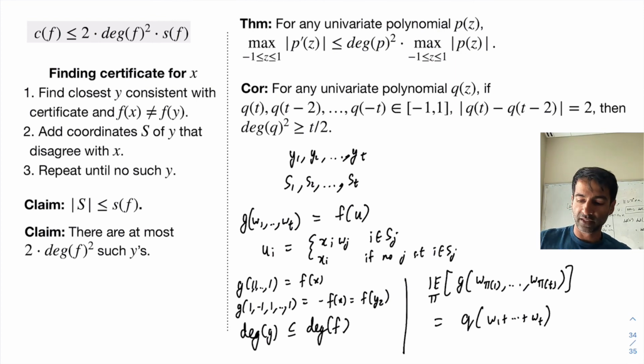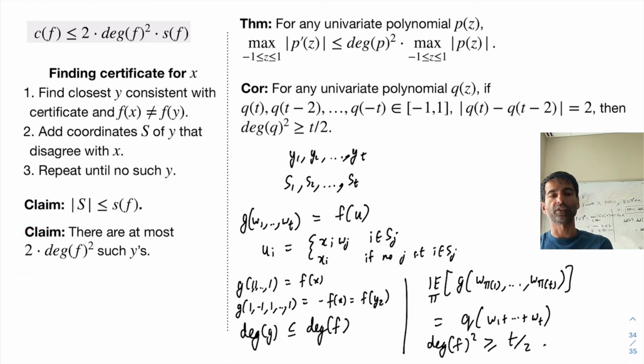Okay, so now we're done, because the degree of q is the same as the degree of g, and applying the consequence of this corollary here, we get that the degree of f squared must be at least t over 2, which is exactly what we were trying to prove.